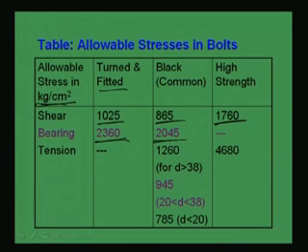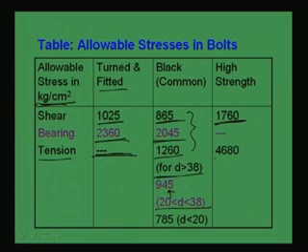Similarly, in case of tension, the black common bolt has 1260 kg per centimeter square allowable stress, whereas in case of tension turned and fitted bolt does not have any contribution. These allowable stresses are if the diameter of bolt is greater than 38 mm. But if the diameter of bolt is in between 20 to 38, then the stress will be 945.